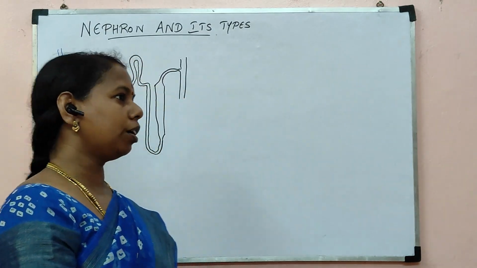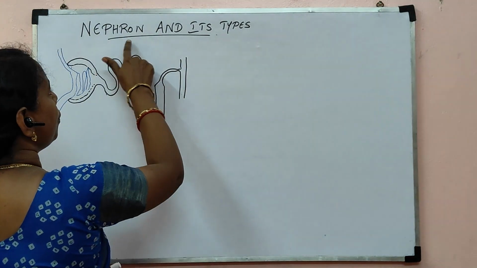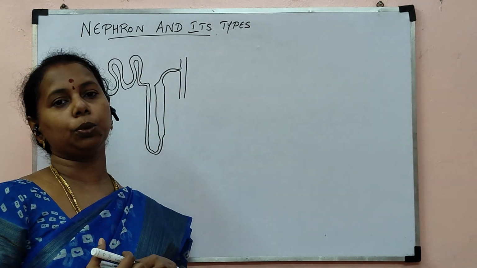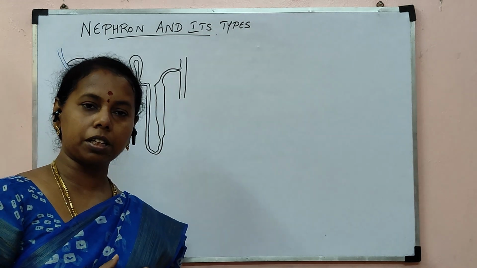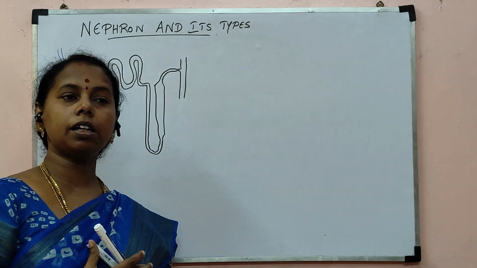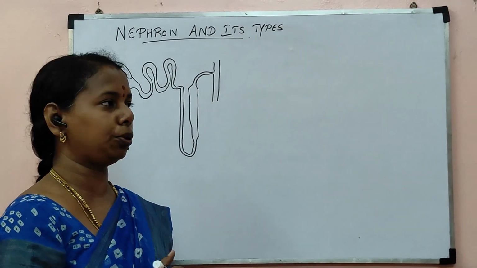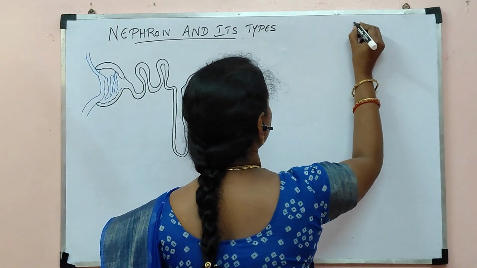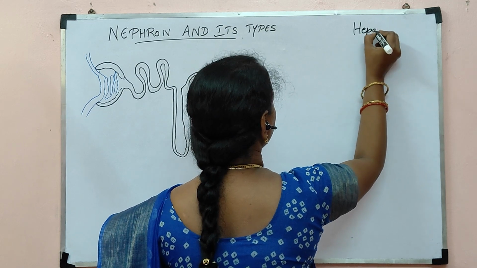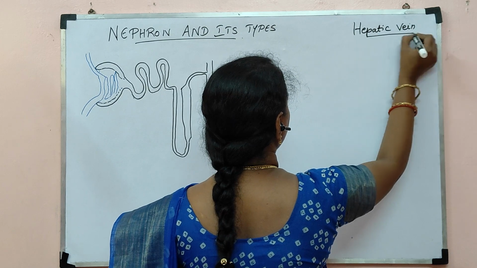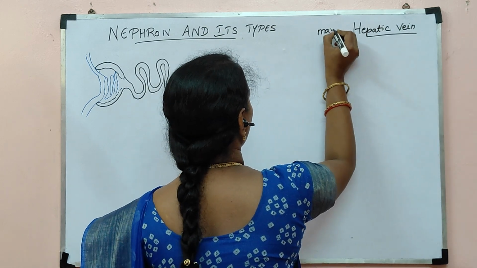In this video, we are going to discuss nephron and its types. Before we get into the video, in the last video we discussed a question: which blood vessel has maximum urea and which blood vessel has minimum urea? The hepatic vein, as urea is synthesized in the liver, has maximum urea.